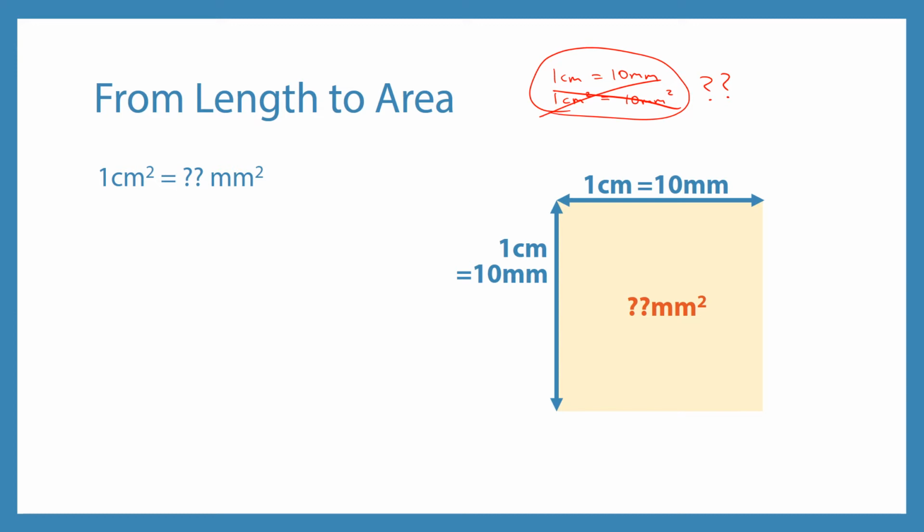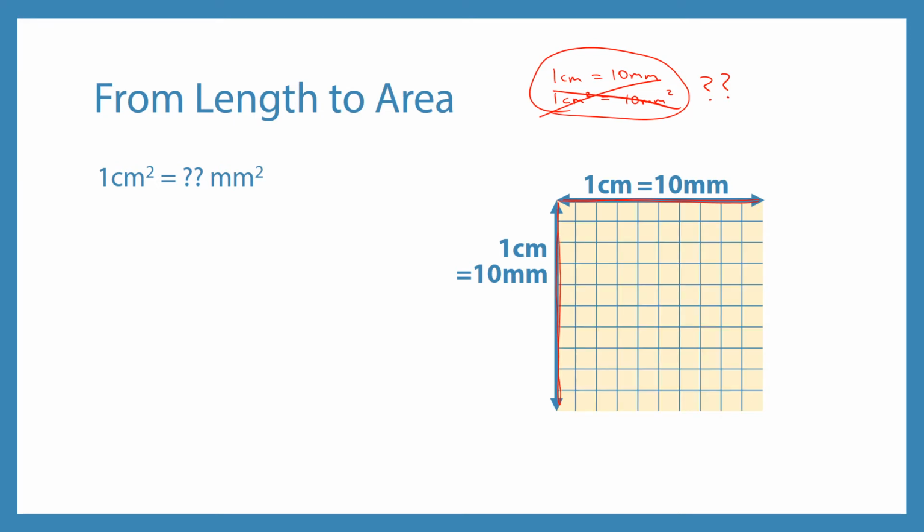Because we have 1 centimeter equaling 10 millimeters along here, we also have the same thing down here. We end up, instead of with 10 millimeter squares, with 100, because we have 10 by 10, which gives us 100. So we find out that 1 centimeter squared actually equals 100 millimeters squared.